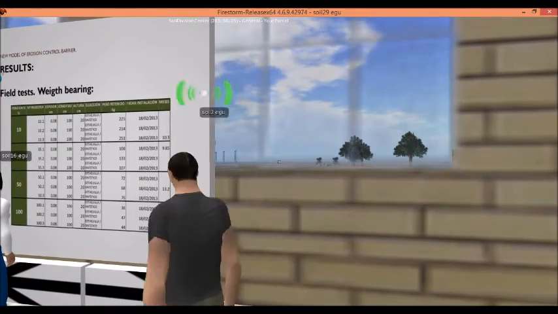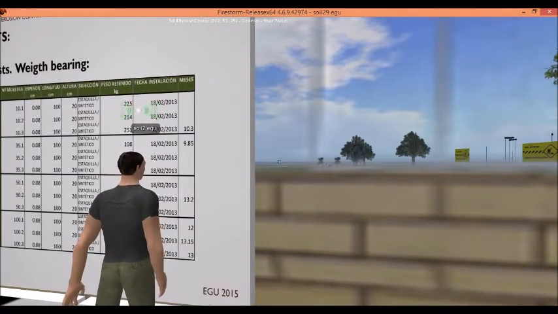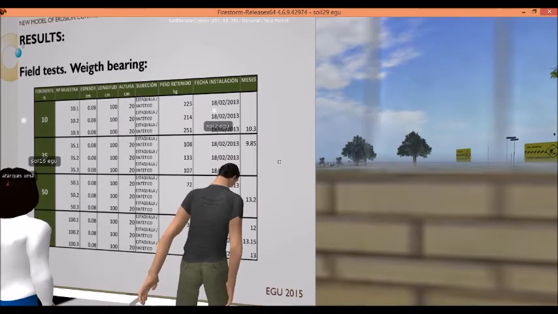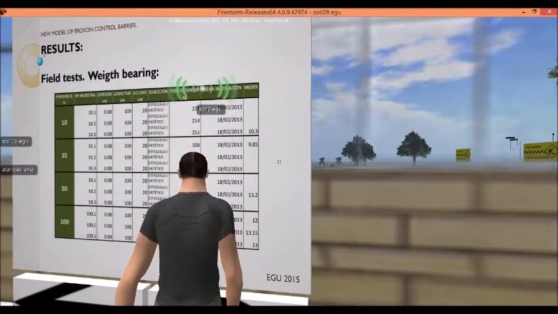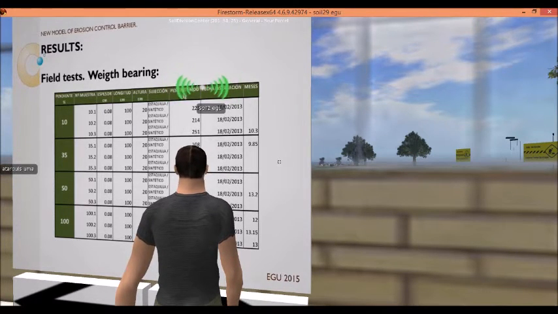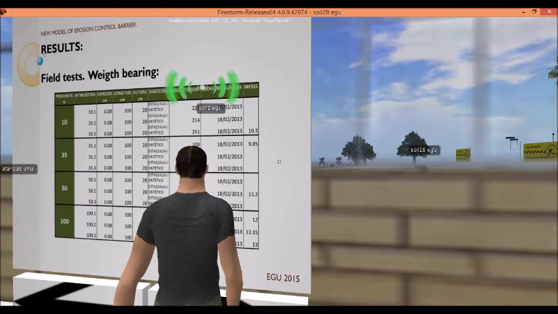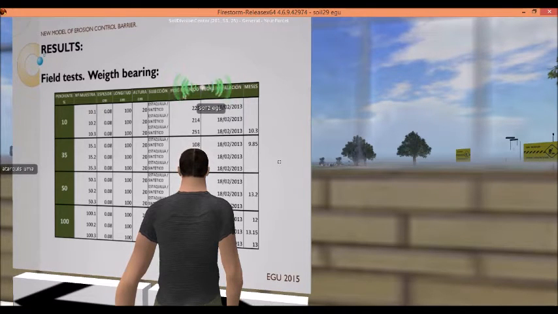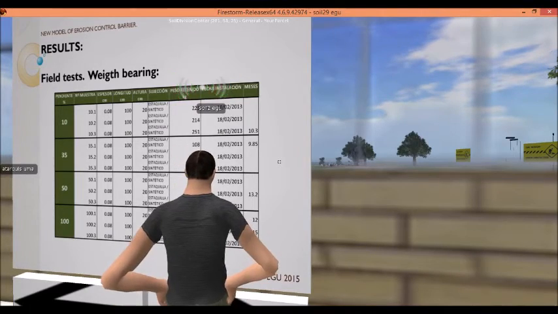Well, I'm going close to the table. One moment, please. Well, here, Tani, you can see that in different degrees of slope, we have tested 3 barriers in each slope.